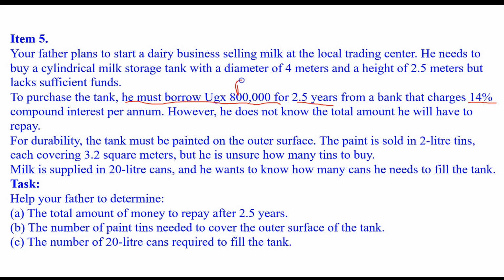So this will be our principal, this will be our time, this will be our rate. We are going to choose the compound interest formula that calculates the amount after a given period of time, because they want the total amount after 2.5 years. So let's do that.